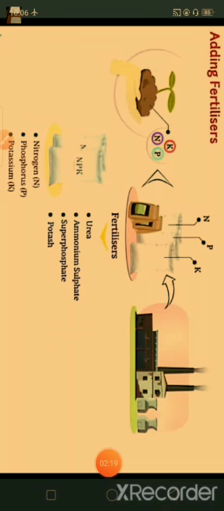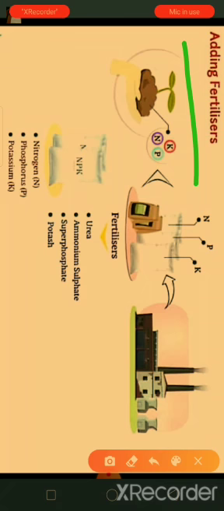Now, another way of enriching the soil is adding fertilizer. These fertilizers are not natural, they are man-made. They are produced in factories. These fertilizers are rich in particular nutrients.